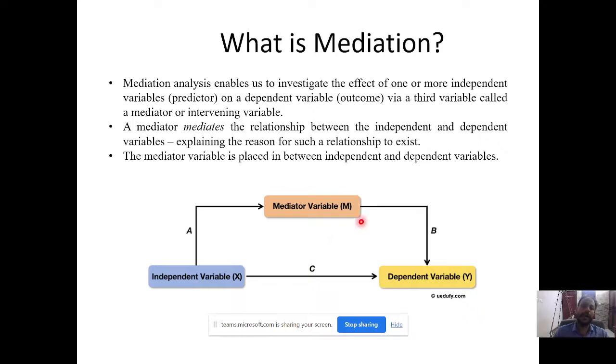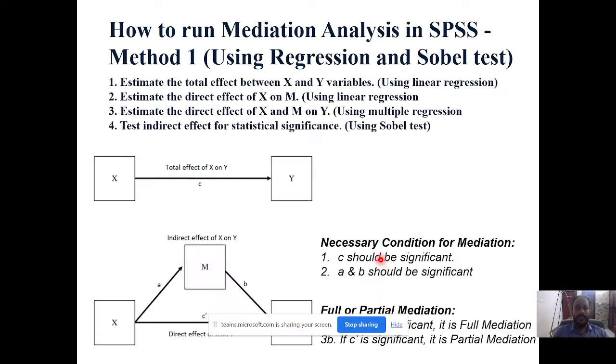And through this path, you have to perform regression. Through the regression, you'll be able to make out the strength of the relationship between independent variable and dependent variable, as well as between independent variable and mediating variable with respect to the dependent variable, right? So this is the path that you have to draw before you go for any kind of analysis, right?